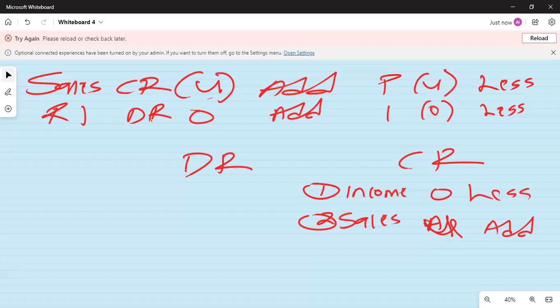Then we have credits. This is return inward. Let's say return inward was overstated. If return inward was overstated, we are adding return inward overcast.